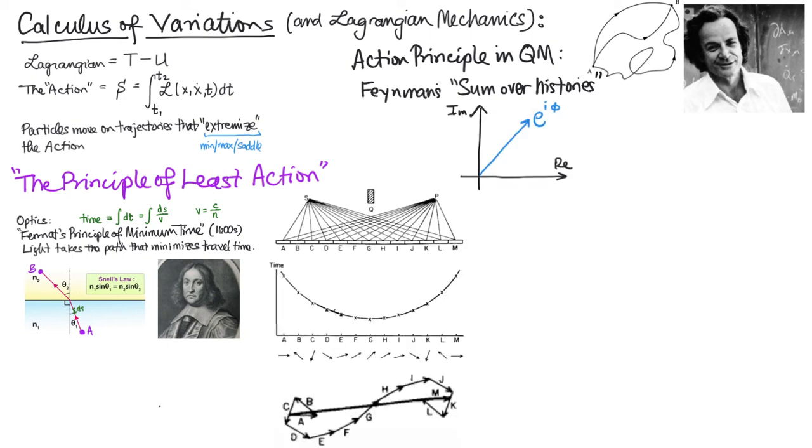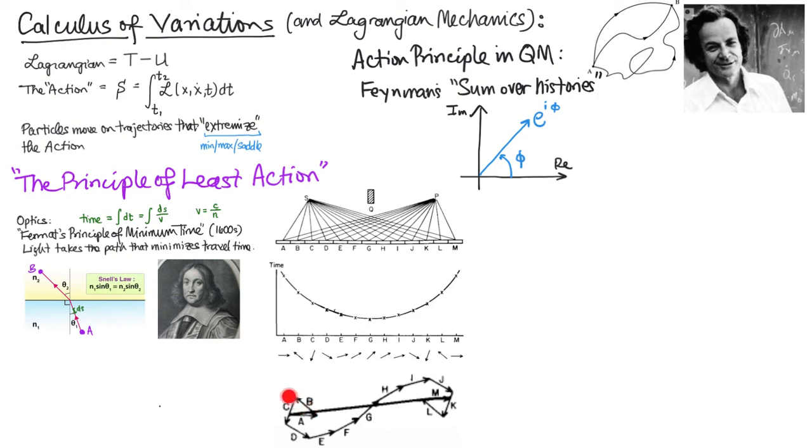To talk about this, I'm just going to refresh our memories a little bit. We're not going to get too quantitative, but I want to refresh our memories about complex numbers, how you can represent a complex number as e to the i times an angle, and you can represent that complex number as an arrow in the complex plane, and the phi in the e to the i phi represents the angle of that arrow relative to the real axis.